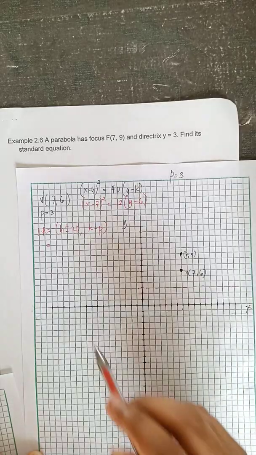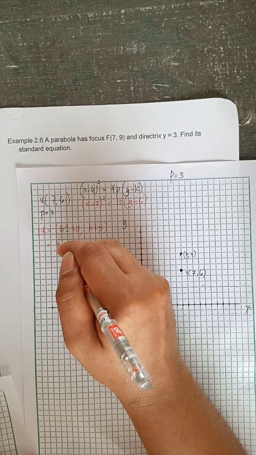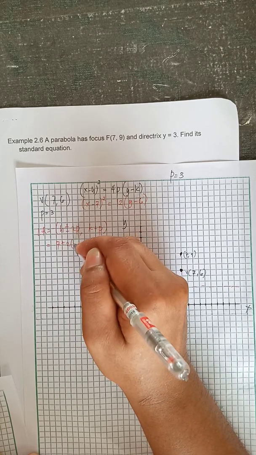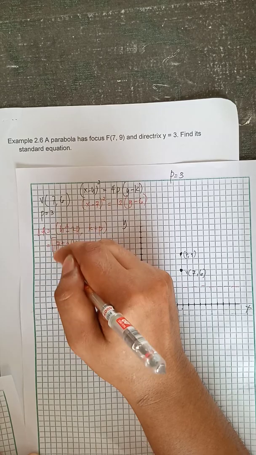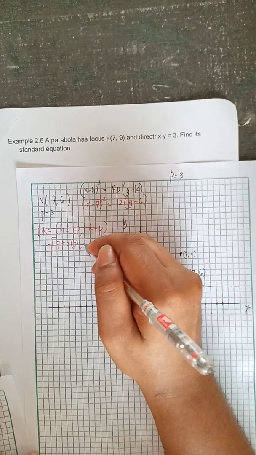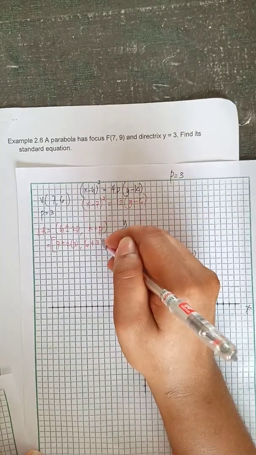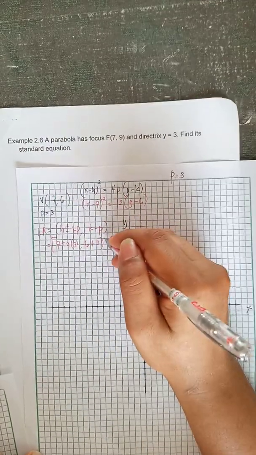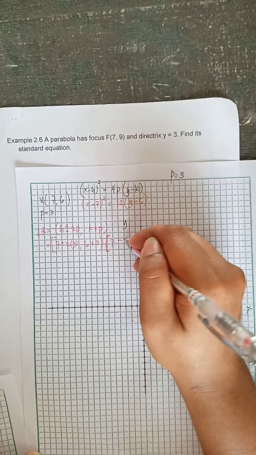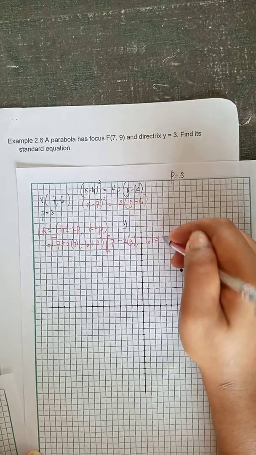Substitute the given h, k and p. We have h as 7 plus 2 times 3, and k is equal to 6 plus p, which is 3. The same with 7 minus 2 times 3 and 6 plus 3.